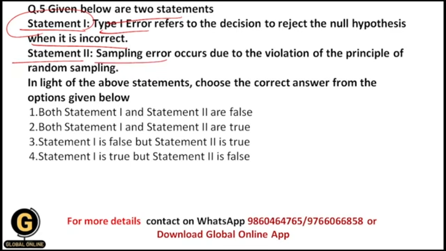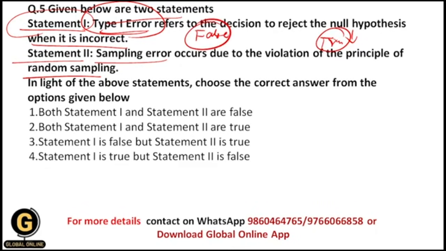Sampling error occurs due to the violation of the principle of random sampling. As we have seen earlier in this video, type 1 error refers to the decision that we are going to reject the null hypothesis when it is basically true or correct. But exactly the opposite is given in this statement, and that's why this statement becomes false.